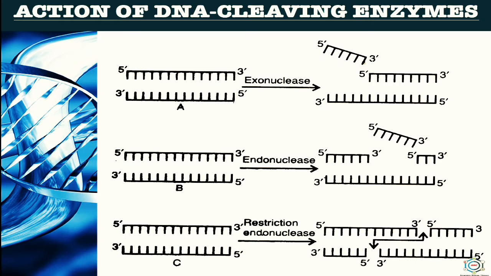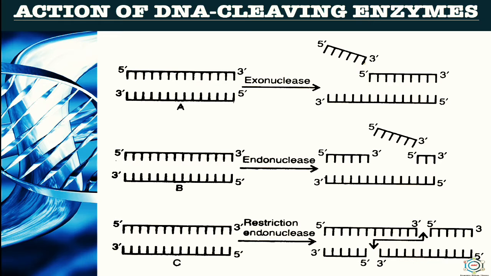And the third one is the restriction endonuclease. So what are restriction endonucleases? Restriction endonucleases cleave the DNA duplex at a specific point in such a way that single-stranded free ends project from each fragment of the DNA duplex.